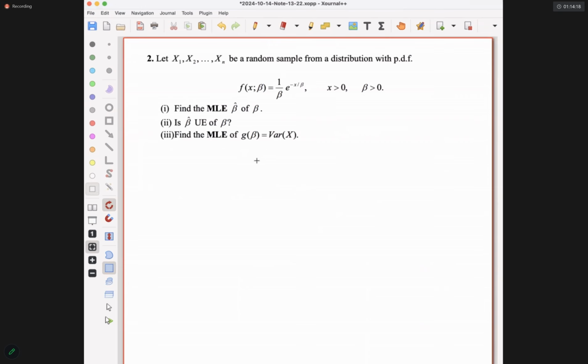What is our first step here? No, there's only one parameter. It's beta. X is the value of the variable.